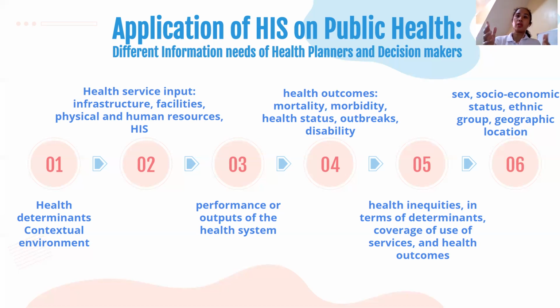What else? Number 4, health outcomes. To assess the health outcomes, whether they are improving or not, we need to measure mortality, the number of people who are dying. We have to analyze morbidity, the number of people who are getting sick of the different diseases, the health status of Filipinos, outbreaks, disability.